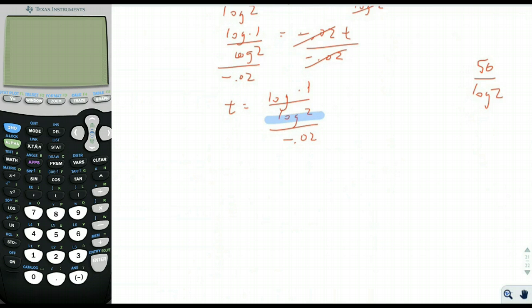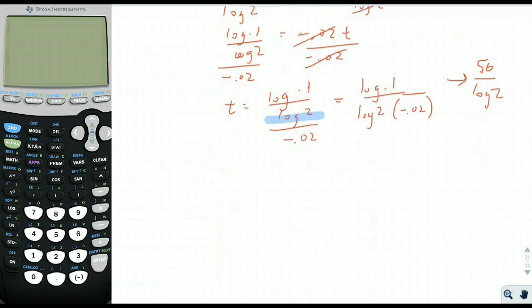Can we take the rest of this, log of 0.1, and divide it by negative 0.02 and figure out how we can get this? So let's do that. Let's group the things that aren't blue together. If we rewrite this, we could write it as log of 0.1 over log of 2, divided by negative 0.02.